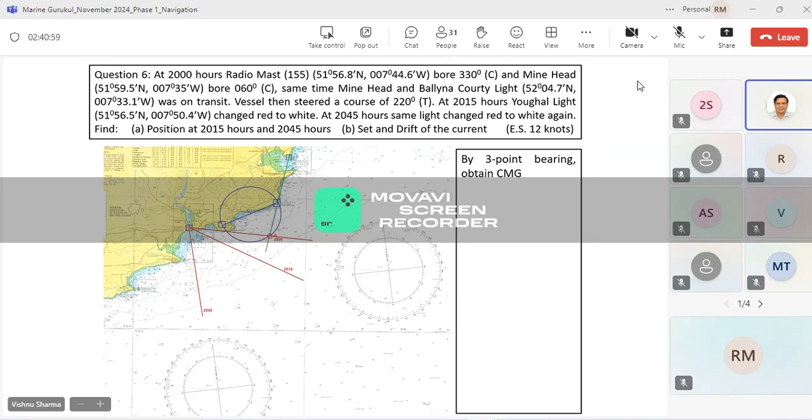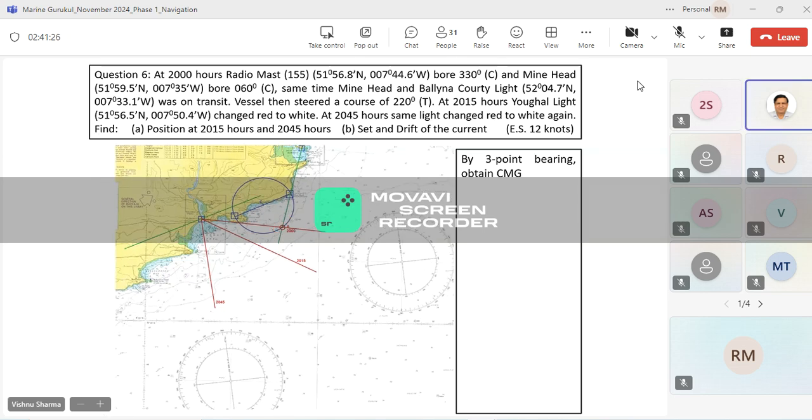So now you can apply the 3-point bearing method and get the CMG. Once you have the CMG and the fix, you can transfer the CMG through the fix and you can get all the positions and you can get set and current. Yes or no, beta? Am I right? Yes, right, sir. So this is the simplest way it can be done.